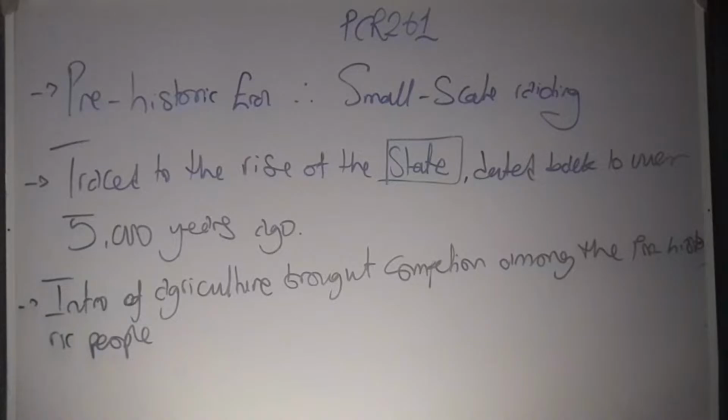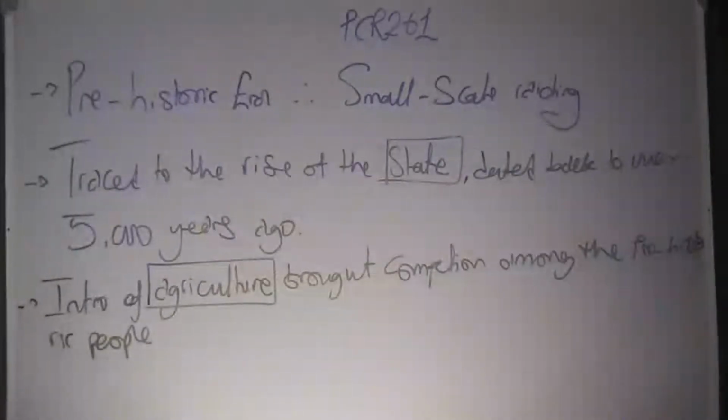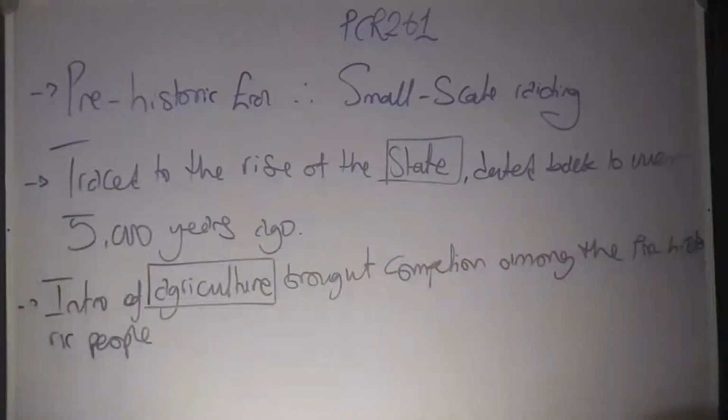Now, like I said, a state, and we underline agriculture as well. A state is good, right? A group of people working together, living in a territory is good. Agriculture also is good. We farm, but the problem is, as much as there's a state here, there's a state there.